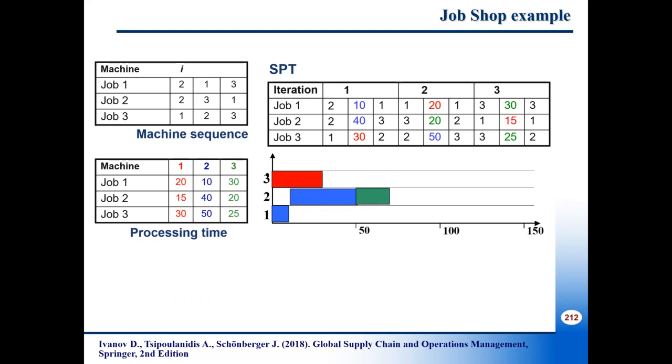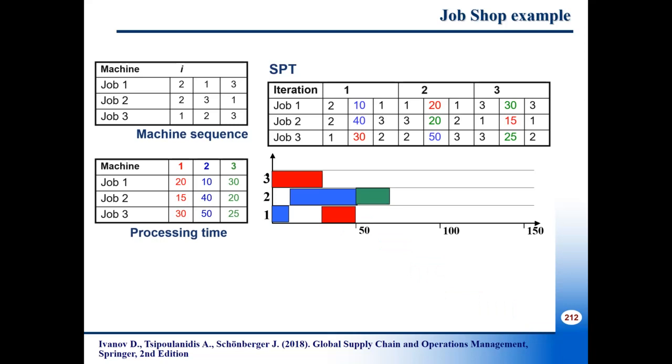In the second sequence, we know that job number 2 takes 20 minutes to be processed by machine number 3. So it is processed after completing job number 2 by machine number 2 at 40 minutes.